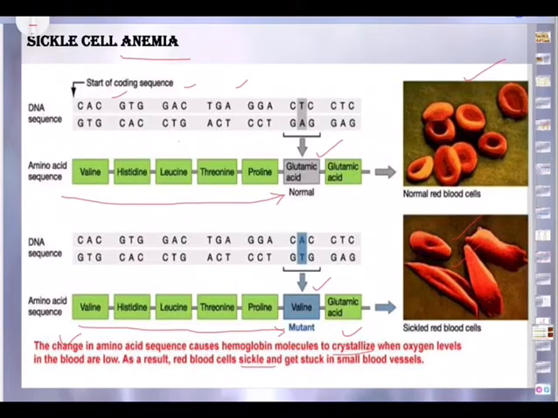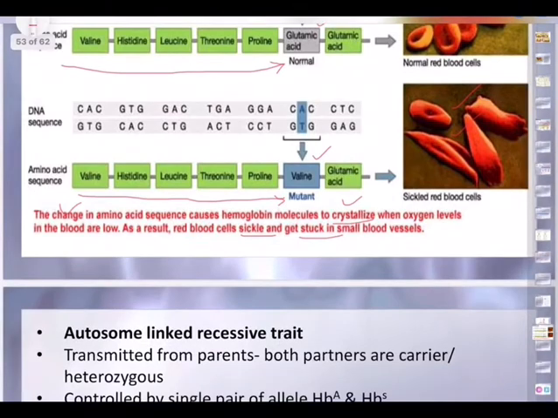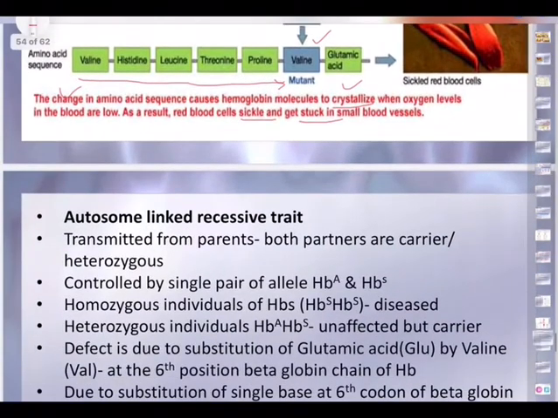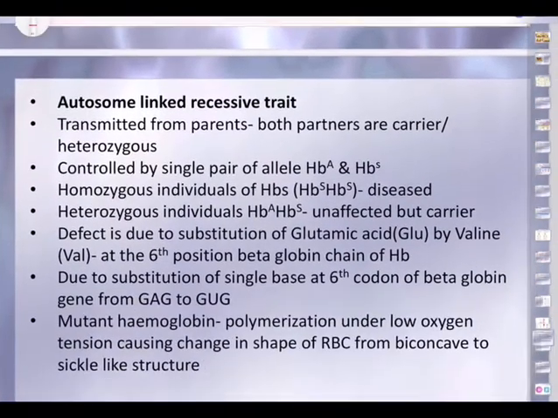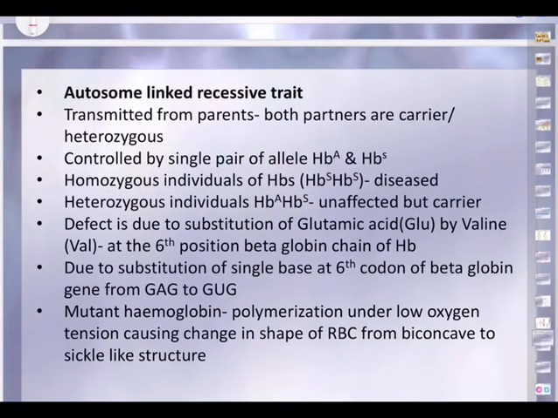So the change in amino acid sequence causes hemoglobin molecules to crystallize, becoming crystals, when oxygen levels in the blood are low. As a result, red blood cells sickle and get stuck in small blood vessels. So there will be a problem in both the flow of blood as well as absorption of oxygen.